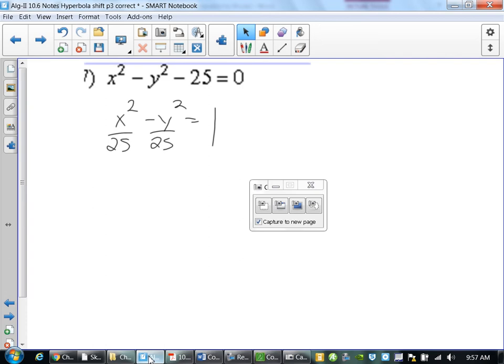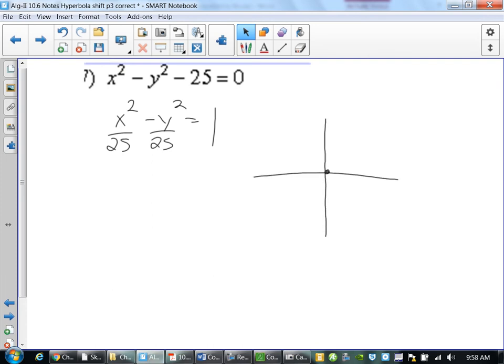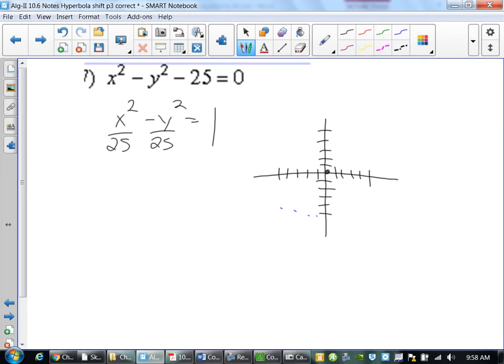What this basically means is the rectangle that you draw, because your a and b values are both 5, when you draw out the rectangle box, it's a square. You get slopes of 1.